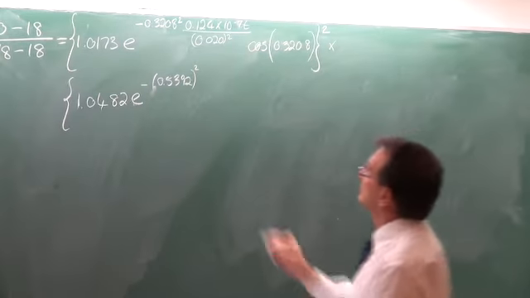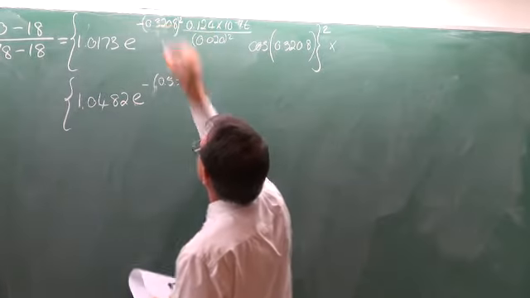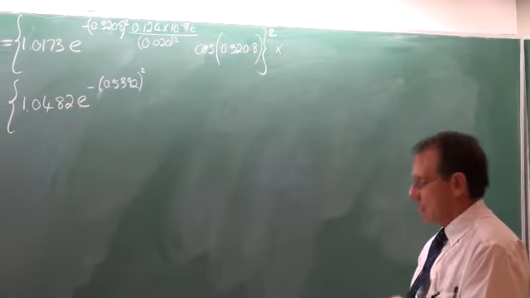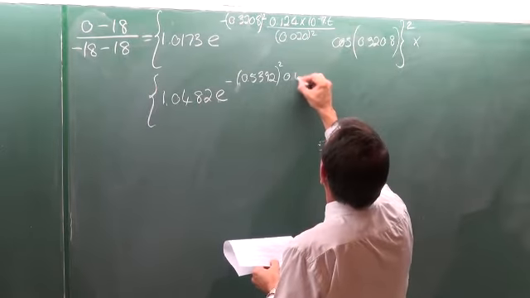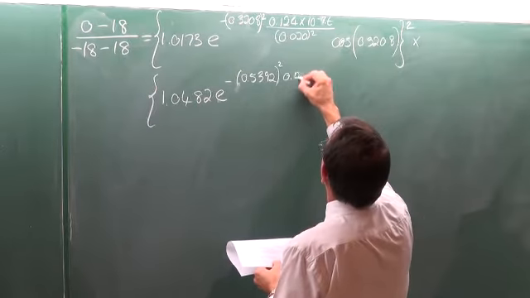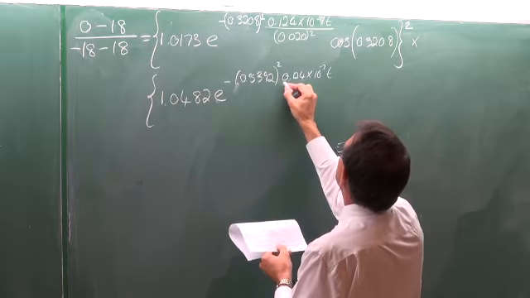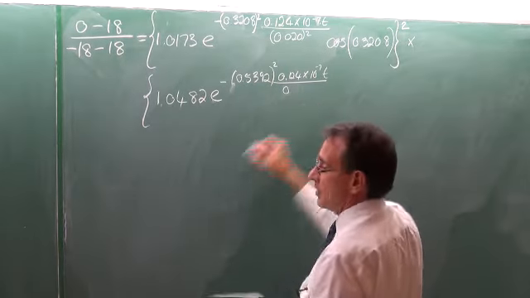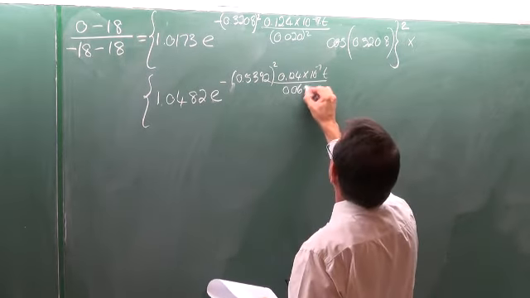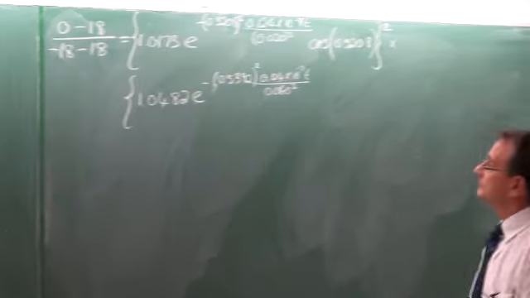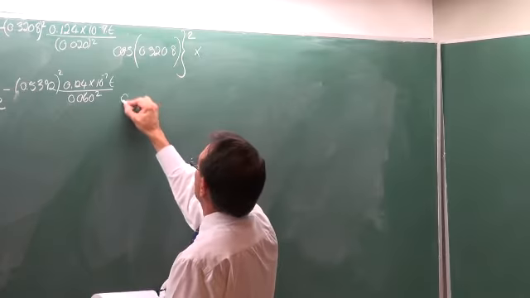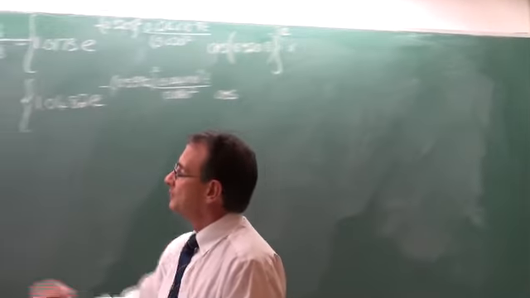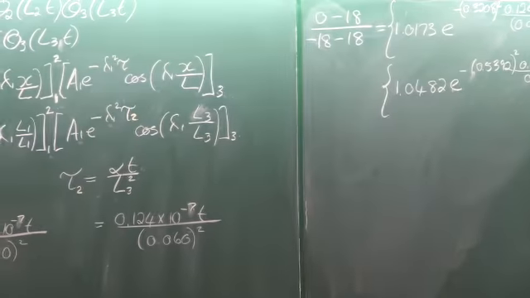Square of it, put in brackets there also if you want to, multiplied by alpha, which is equal to 0.124 multiplied by 10 to the minus 7 multiplied by t divided by 0.060 squared, multiplied by the cos of lambda 1.